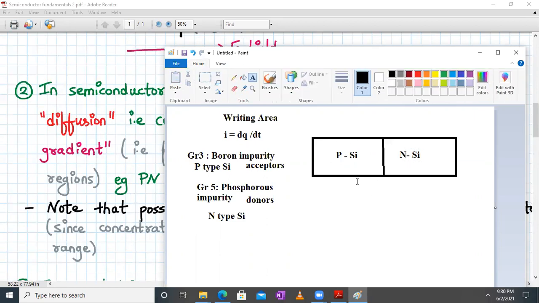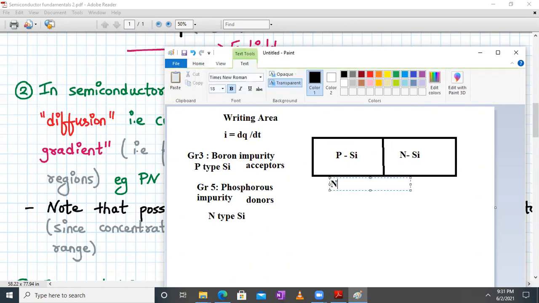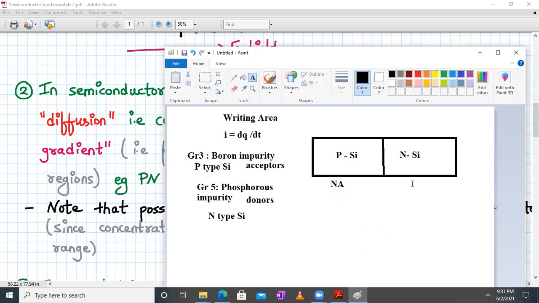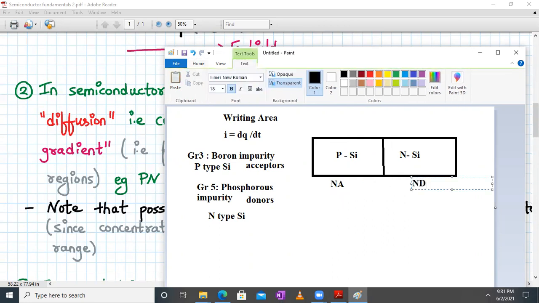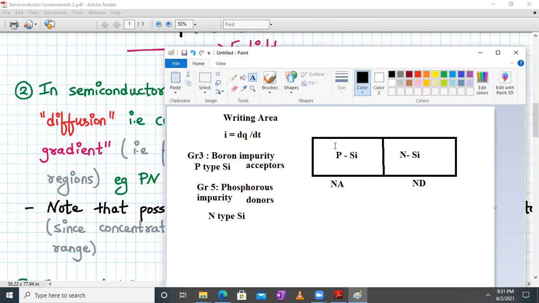The p-type silicon material is doped with boron impurities, denoted by Na. So this is the acceptor concentration of charge carriers, and this is the donor concentration of charge carriers. In the p-type silicon we have majority holes, and in the n-type silicon we have majority electrons.